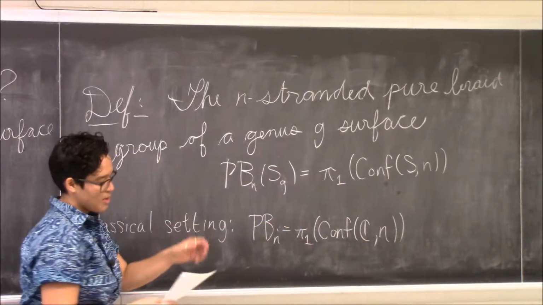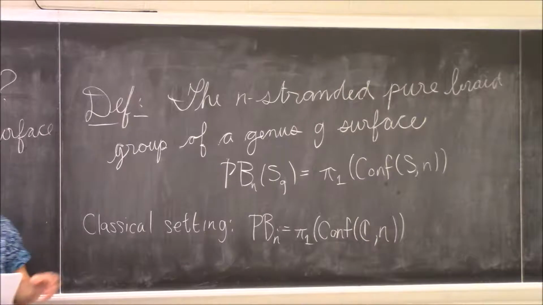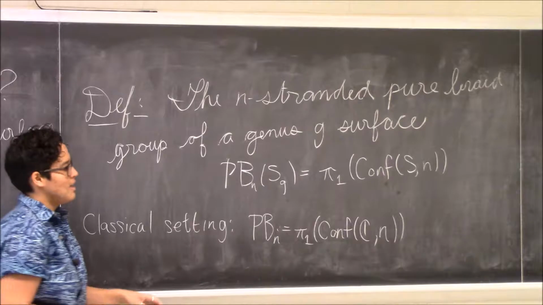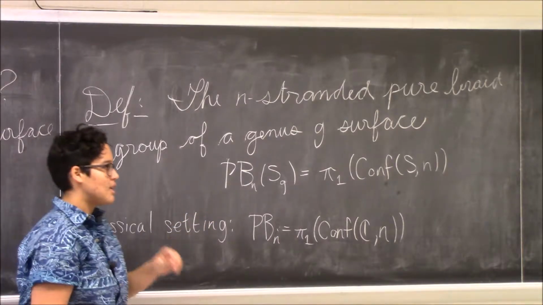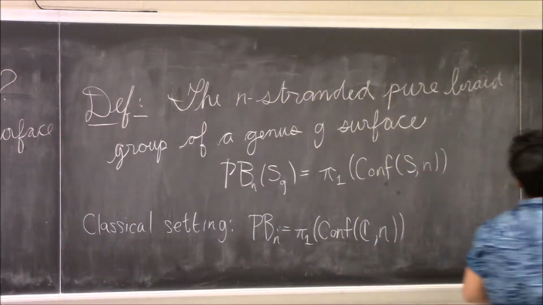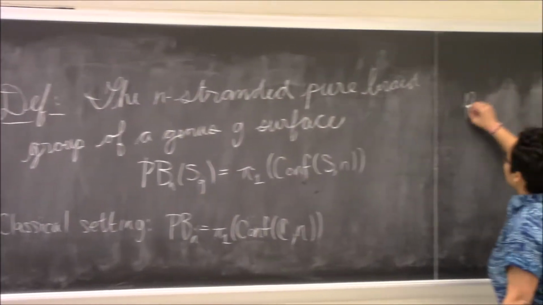So this is familiar, and it's a very natural extension of this classical case. But I like to think about mapping class groups, and I like to talk about mapping class group things. And so I want to give a slightly different definition, and it's going to be the way I think about them. But first, let's just recall a couple of things.